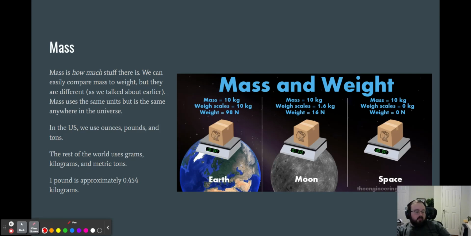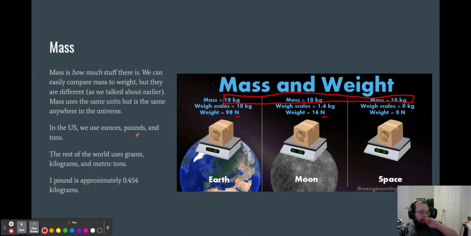Technically, weight is talking about newtons. It's about force, but technicalities. For our purposes, mass is the same everywhere in the universe. The mass of this box is 10 kilograms on Earth, on the moon, or in the middle of space. So mass is just kind of how much matter there is, how much of it.